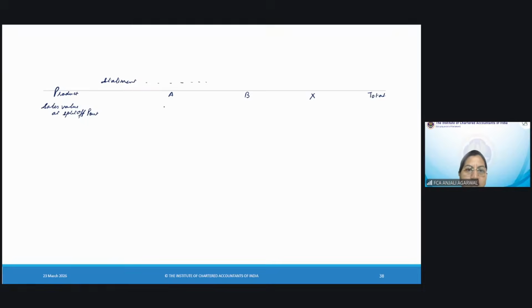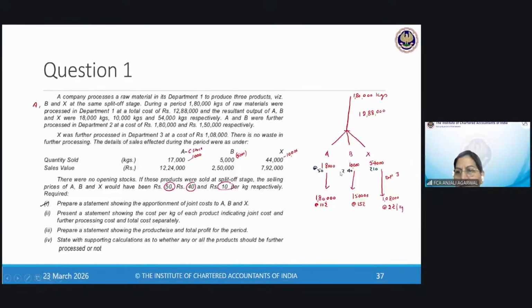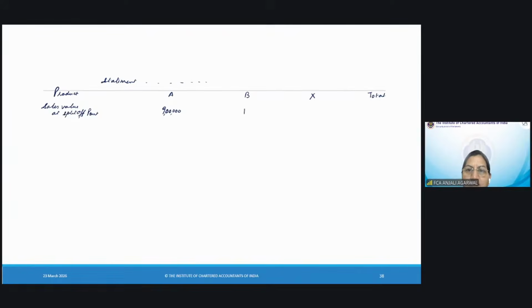So 18,000 into 50 is 9 lakh. 10,000 into 40 is 4 lakh. And 54,000 into 10 is 5,40,000. 18,40,000 is the total.